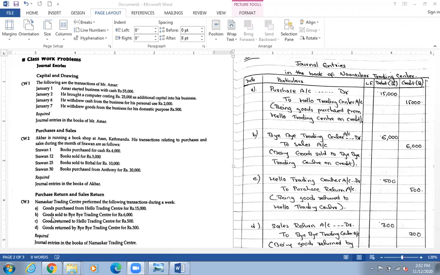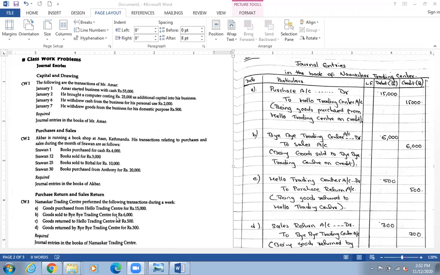B also, let us see. Goods sold to Bye Trading Center for 6,000 rupees. So what shall we do? Okay, so Bye Trading Center लाई के गर्ने त भन्दाखेरि, यसरी गरौँ. Sold भने कहाँ लेखिन्छ, माथि कि तल? तल लेखिन्छ, sales लाई तल लेख्ने. यो फेरि क्याश मा लगेको त क्याश भन्ने कहाँ लेख्यो? लेखिएन.